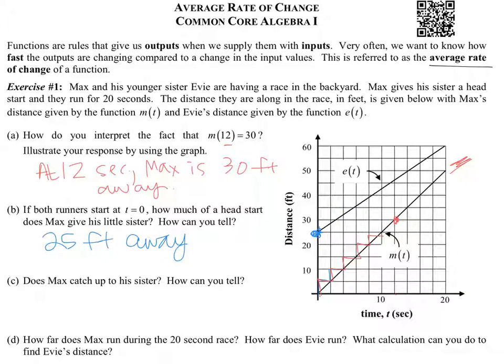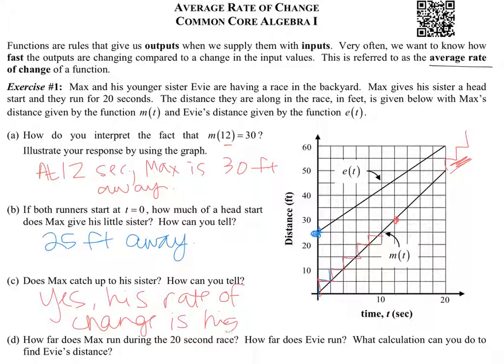Max is going to eventually keep going up 5, up 5, up 5, and he will eventually meet up with her. He will catch her. So yes, his rate of change is higher.